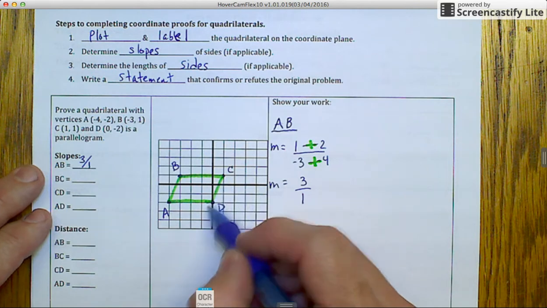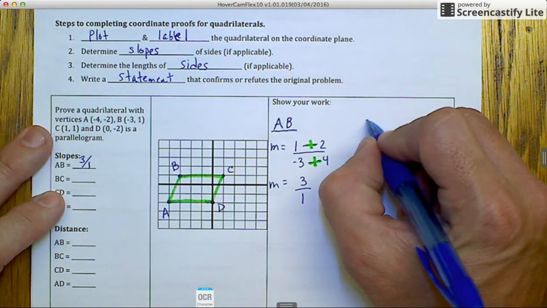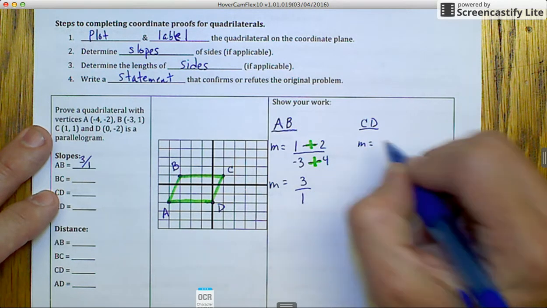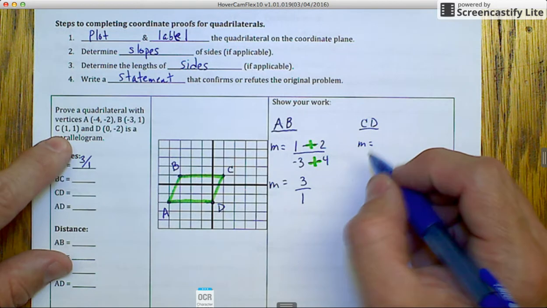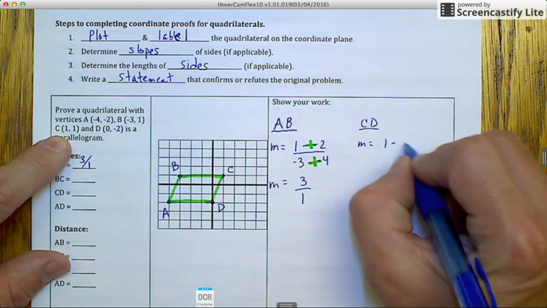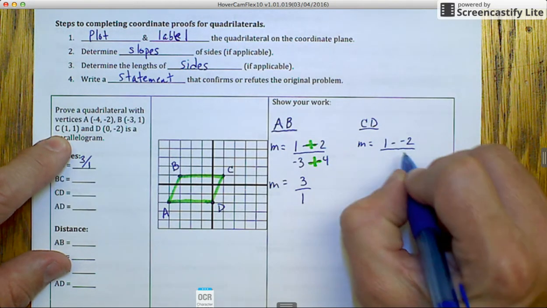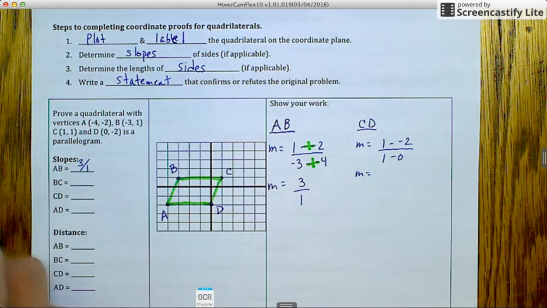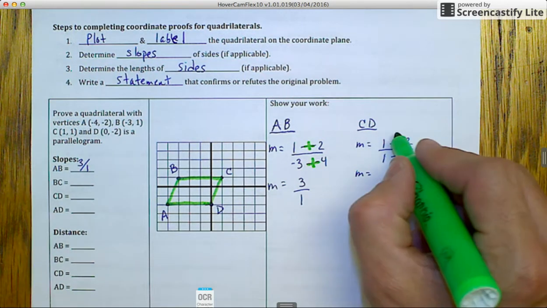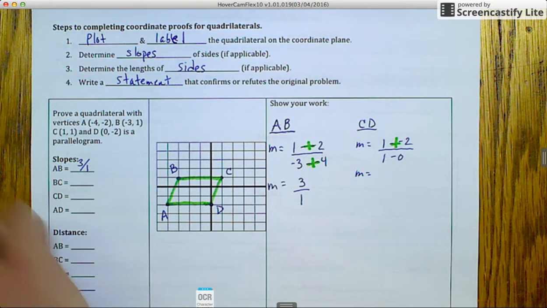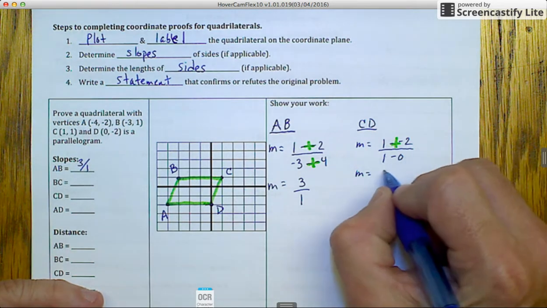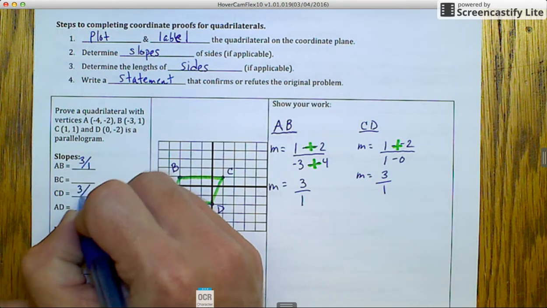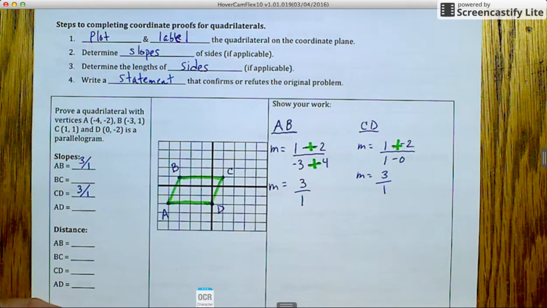We're going to look at CD now. And I'm going to do the slope on CD. C and D would be 1 minus a -2, and then 1 minus 0. So 1 plus 2 would be 3, 1 minus 0 would be 1. So we can tell that these slopes are parallel.